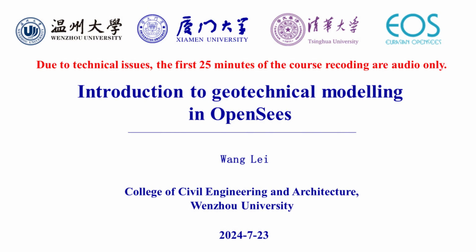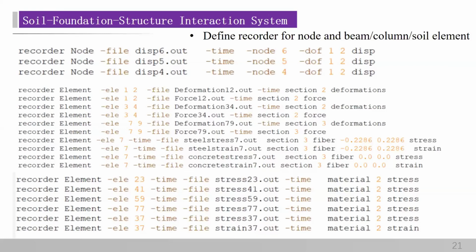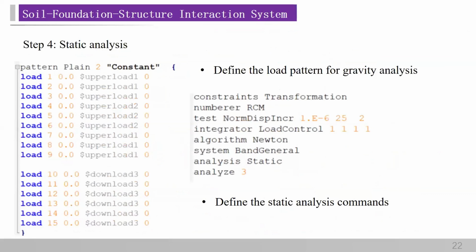And in the middle we have recorded the deformation and the force of the specific element here, and we should notice that this two means the second Gauss point of the element. And then here we have recorded the stress and the strain of the soil element.